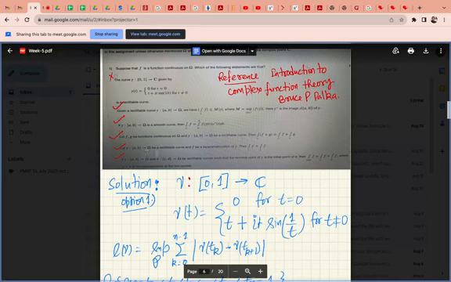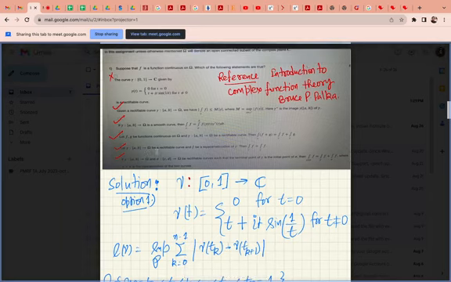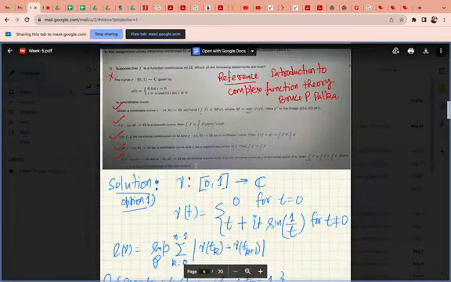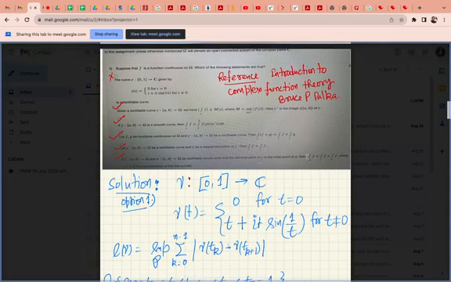Now the next question is, let gamma be a rectifiable curve and gamma bar be a reparameterization of gamma. Then the integral will be the same. And this one is, let gamma and sigma be rectifiable curves such that the terminal point of gamma is the initial point of sigma.